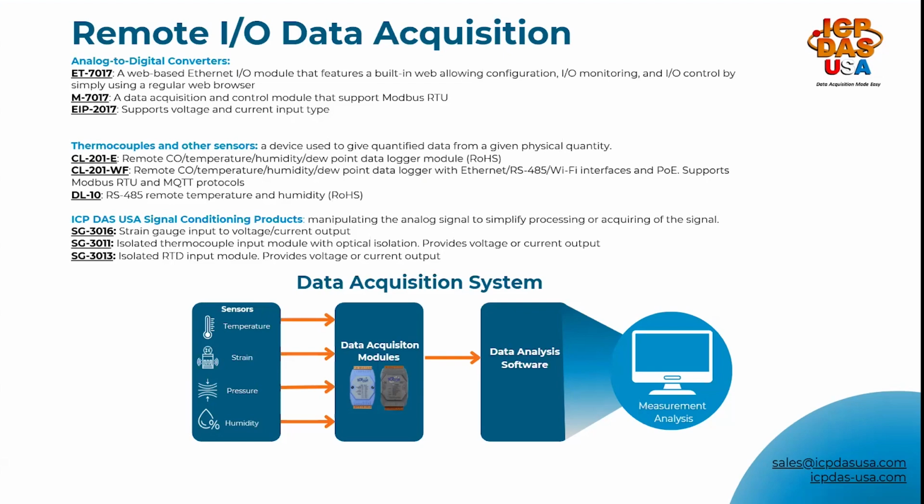Additionally, sensors such as thermocouples and ICP DAS CL201 series for CO, temperature, and humidity are crucial for data collection. Signal conditioning products like the SG3016 and the SG3011 from ICP DAS are used to prepare analog signals for accurate measurement and processing by the data acquisition system.